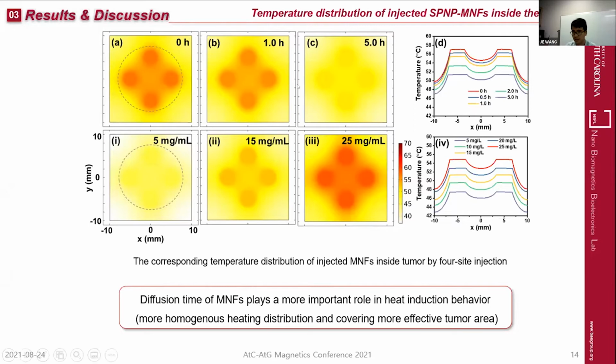That is because it can generate more homogeneous temperature distribution and covers more effective tumor areas.